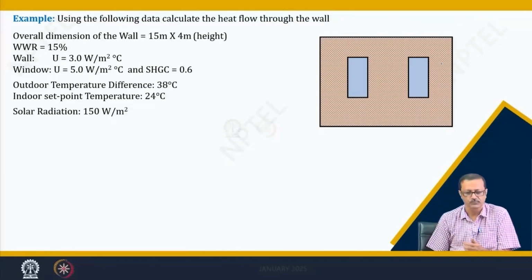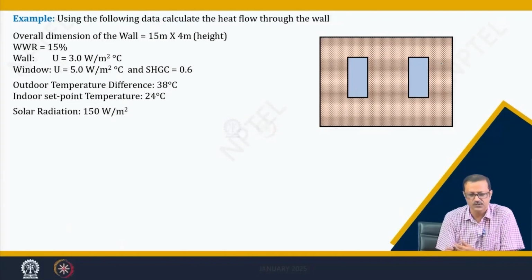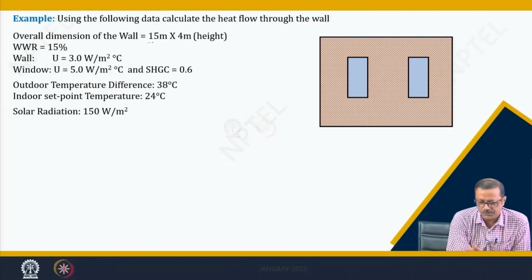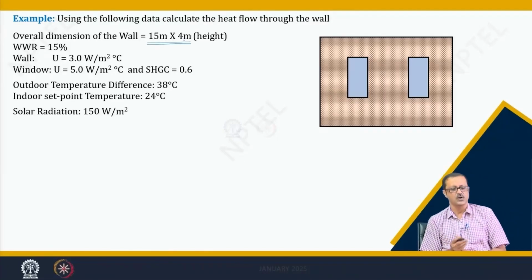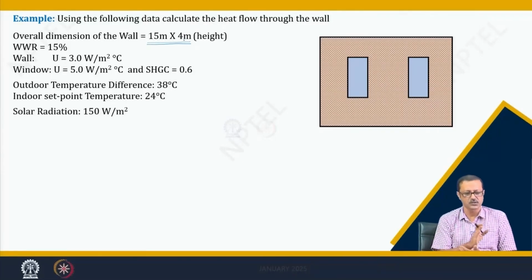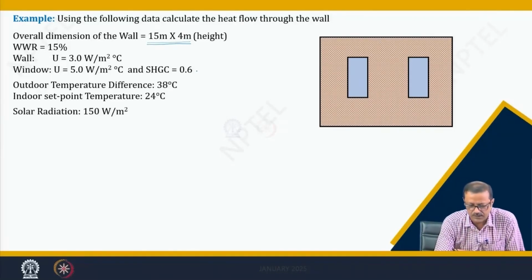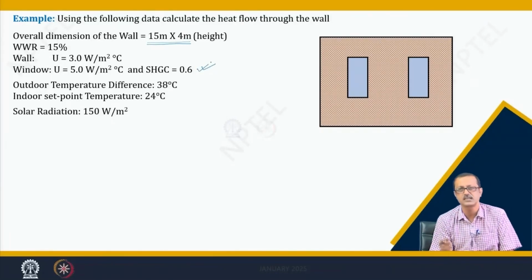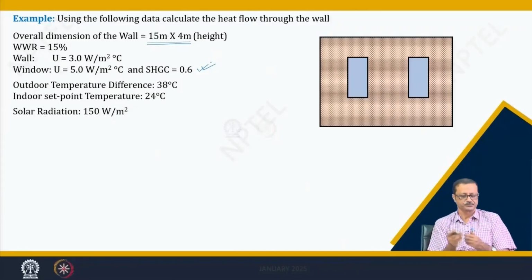So, I have a wall whose dimension is almost 60 meter square, 15 by 4. WWR, window to wall ratio, is 15%, and the wall U value, window U value, and window SHGC values are also mentioned. Wall does not have any SHGC, as you know, it is opaque.